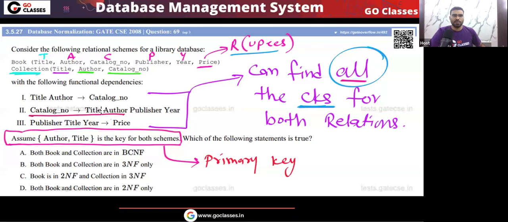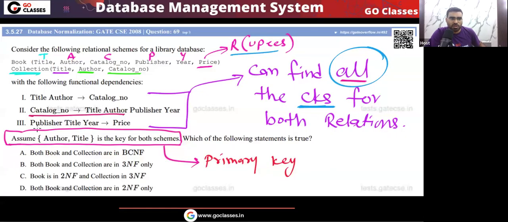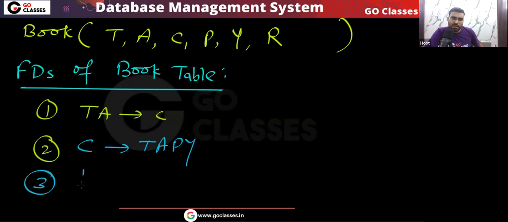Another is C determining TAPY. What else? You can see PTY determining price.